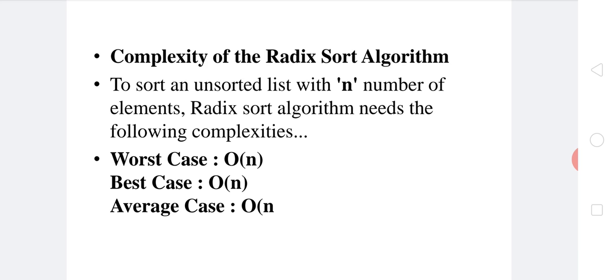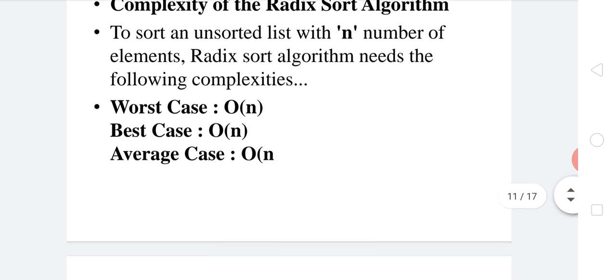For the best case complexity, the same n comparisons are required. And the last one is the average case, which requires n, meaning in every case n comparisons will be required.